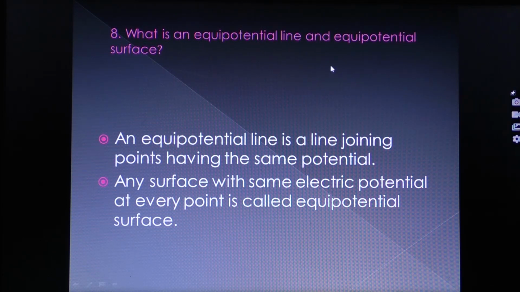And at all the points on the circular path, the distance of the point with respect to the charge remains the same, showing the same potential. Any surface with the same electric potential at every point is called an equipotential surface.